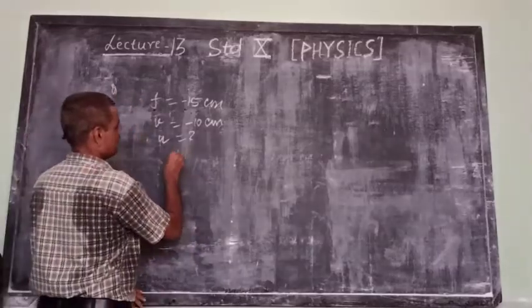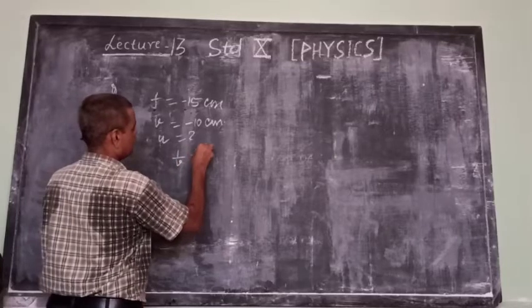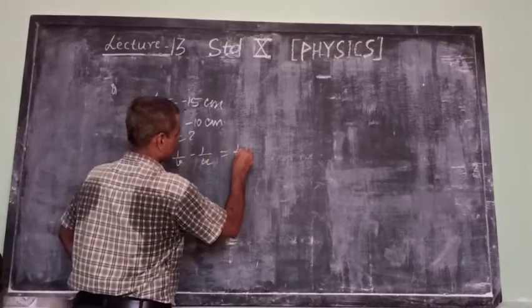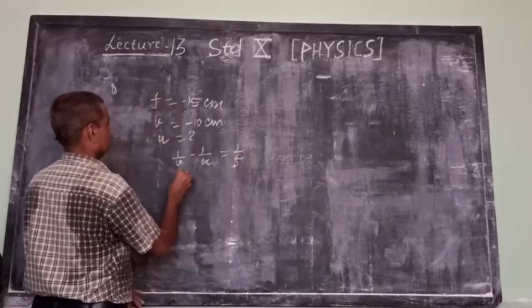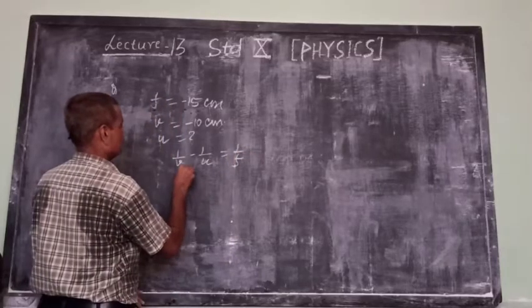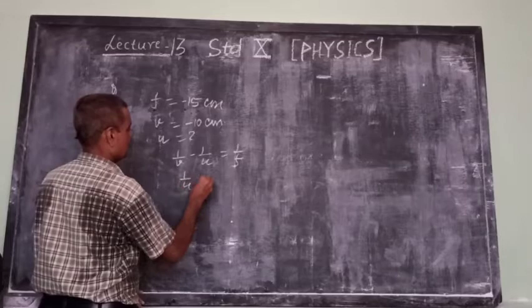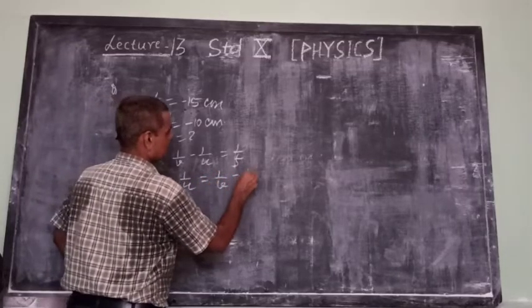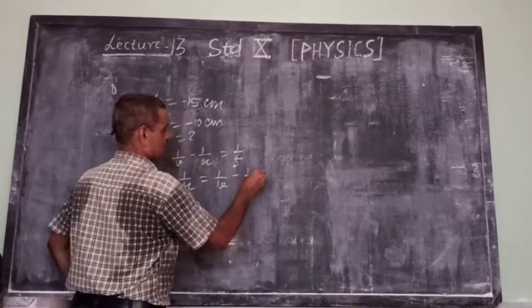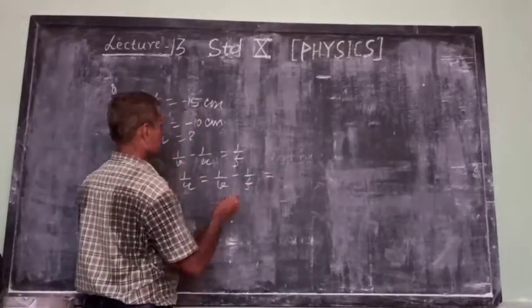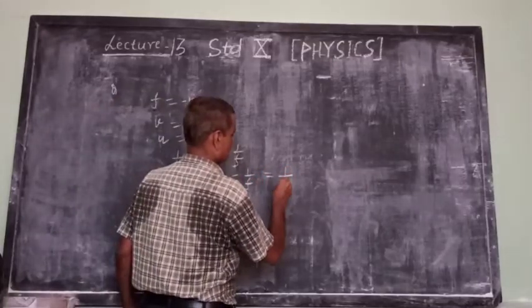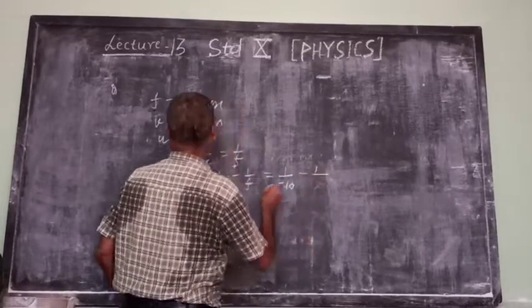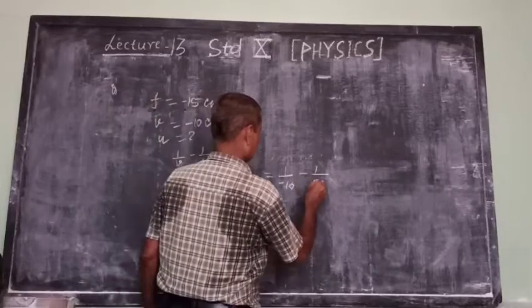From the lens formula, we can write 1 by V minus 1 by U is equal to 1 by F. So 1 by U can be written as 1 by V minus 1 by F. We can solve this. The value of V is minus 10, so it is 1 by minus 10 minus 1 by the value of F, minus 15.